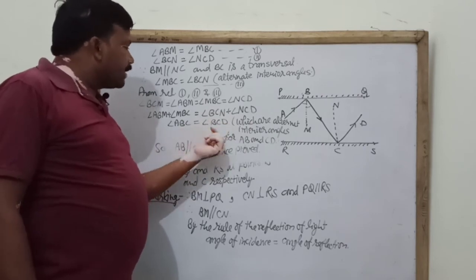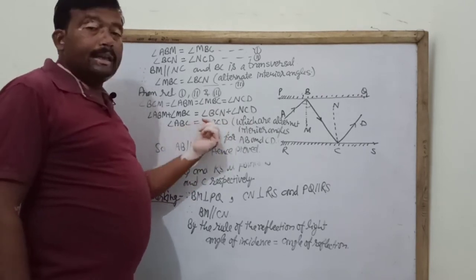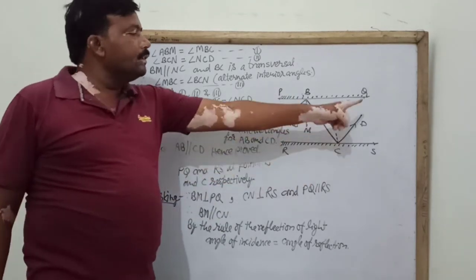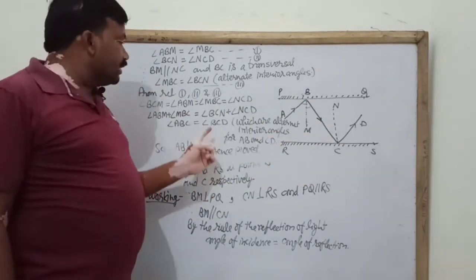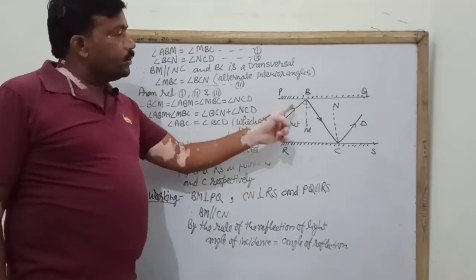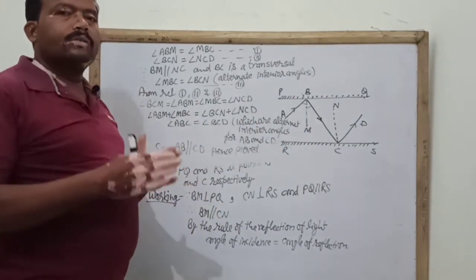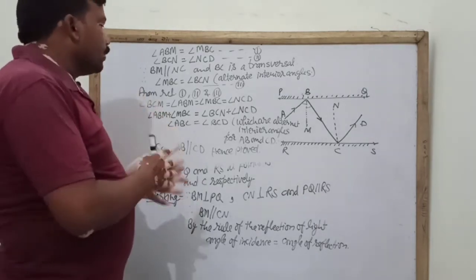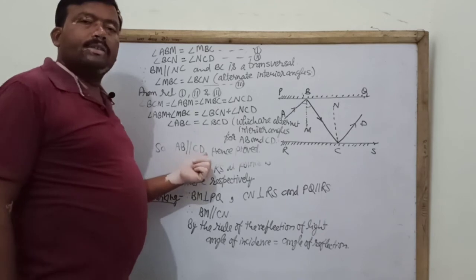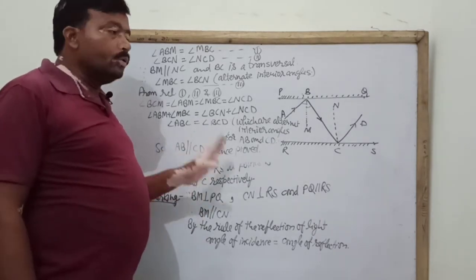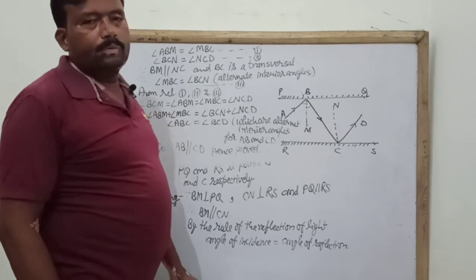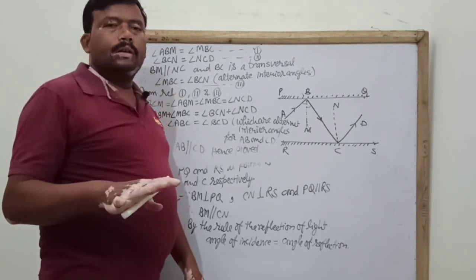These are alternate interior angles for lines AB and CD. Since these two alternate interior angles are equal, these two lines will also be parallel. So our answer has occurred and we have proved what was given to prove.